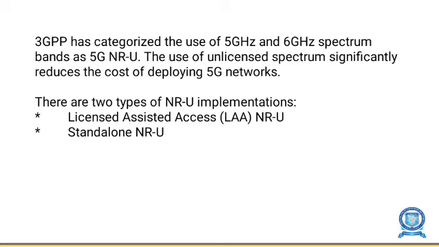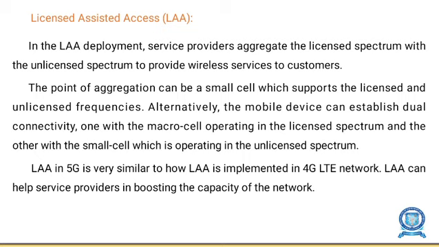There are two types of NR-U implementation: licensed assisted access and standalone NR-U. In LAA deployment, the service provider aggregates the licensed spectrum with the unlicensed spectrum to provide wireless service to customers. The point of aggregation can be a small cell which supports licensed and unlicensed frequency.